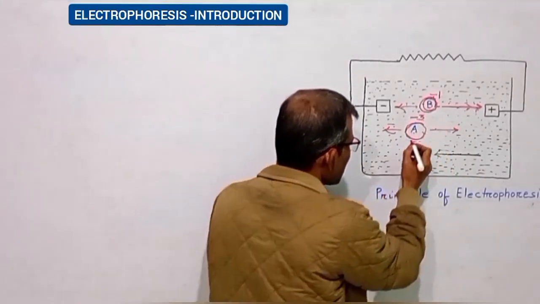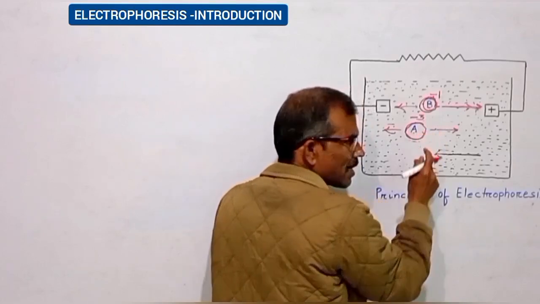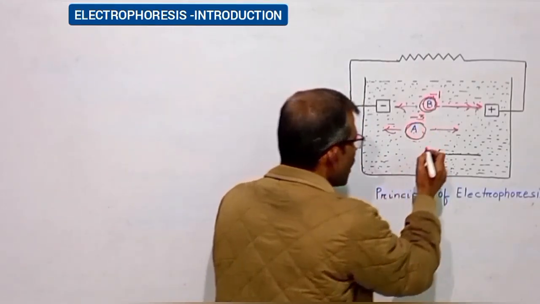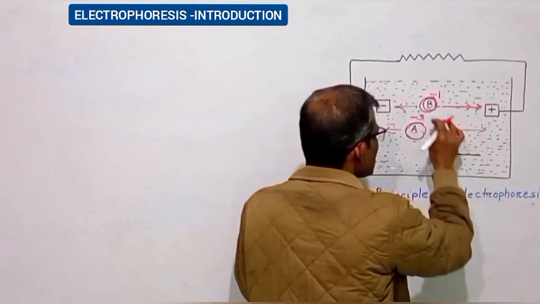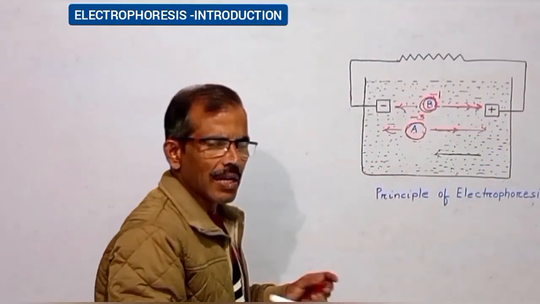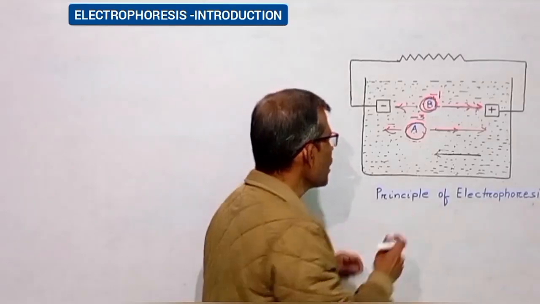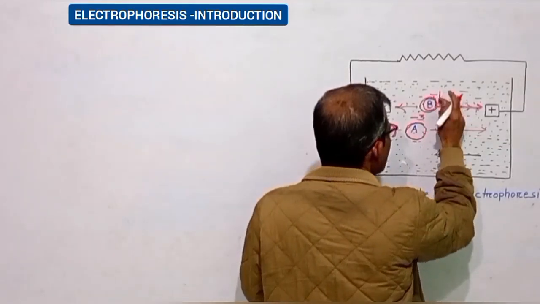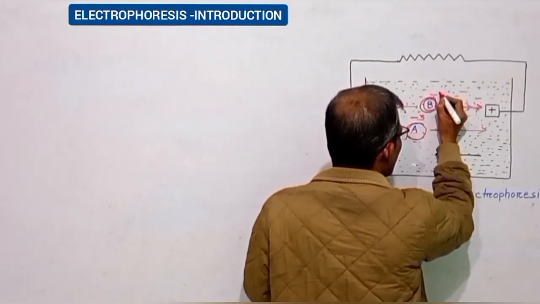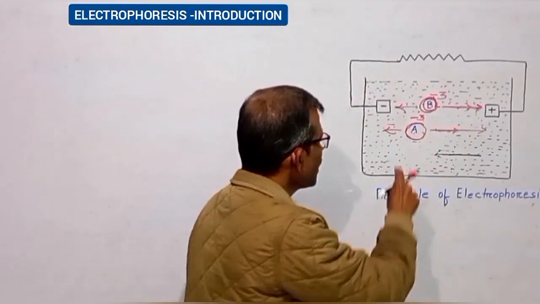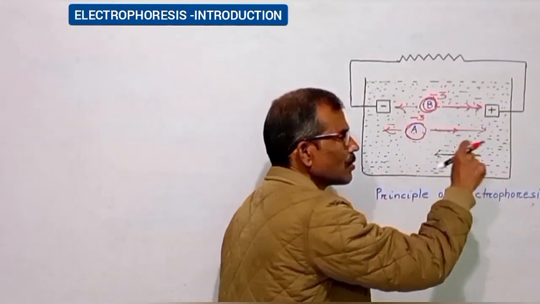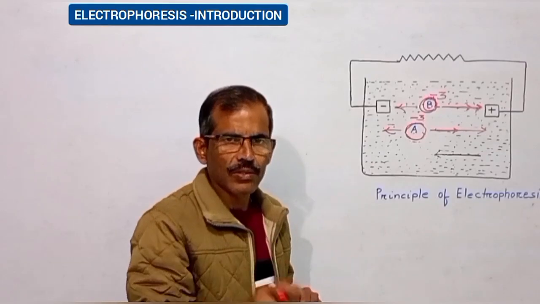Because the net charge density of A is greater than that of B, A will migrate at a faster rate to the anode than B. Similarly, if A and B have identical size and shape and also identical net charge density, then they will migrate together toward the oppositely charged electrode.